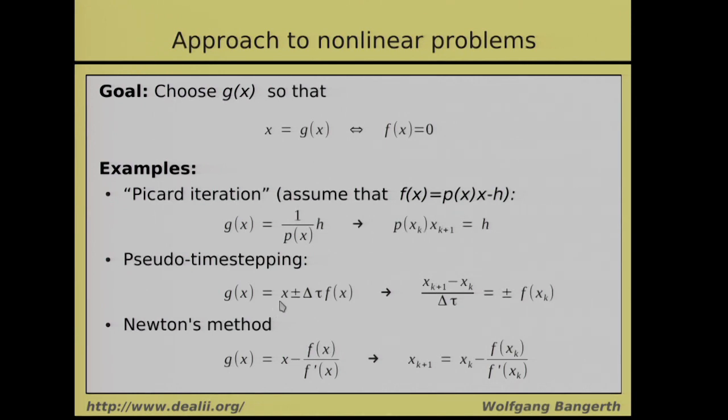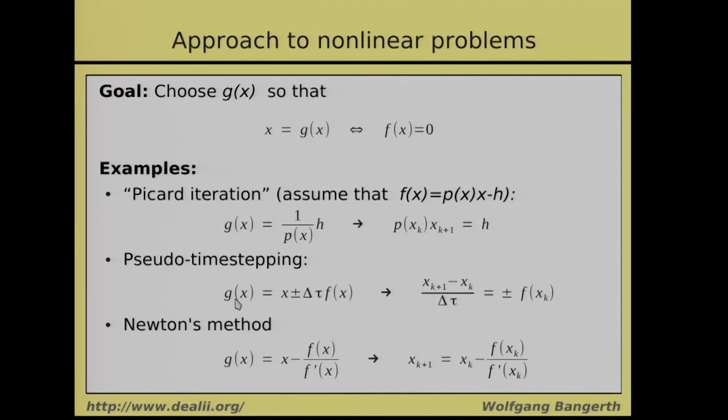So oftentimes I will be able to show that g is a contraction if I choose one of these two signs and I make delta t small enough. I haven't said anything about how large this delta t should be, but with a particular choice of delta t and a particular choice of sign, I will almost always be able to show that this g is in fact a contraction.